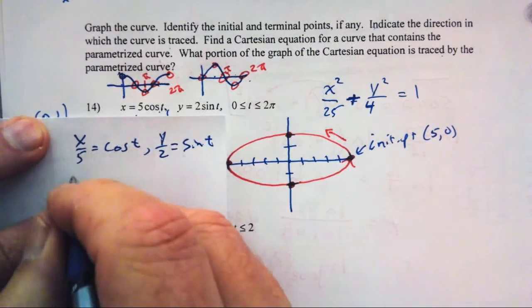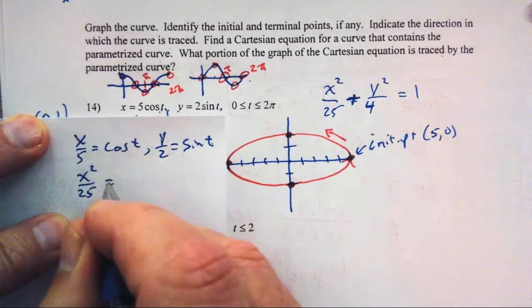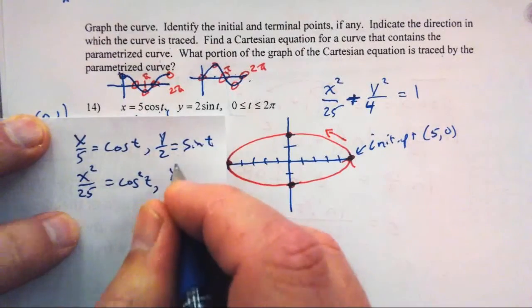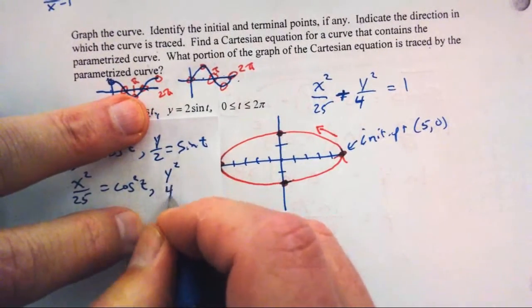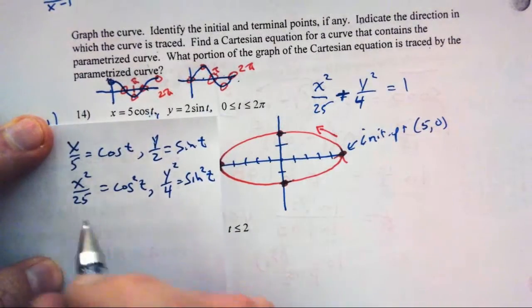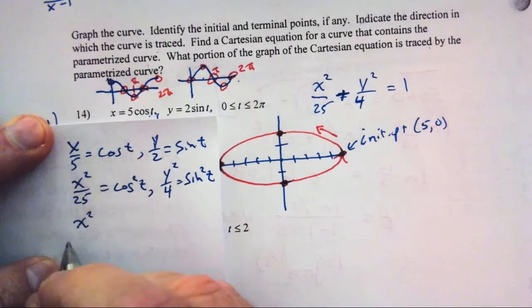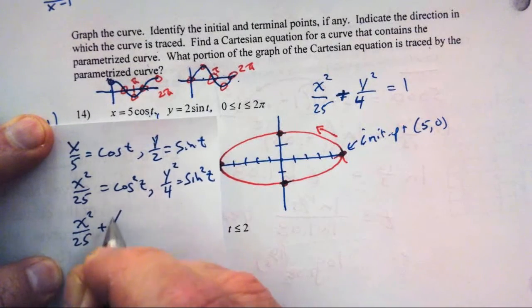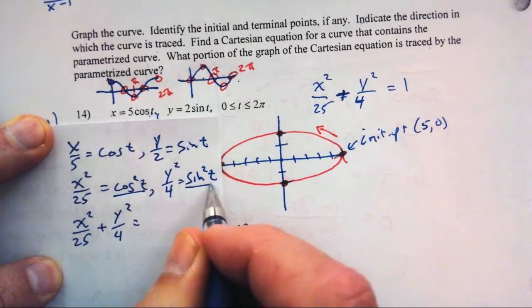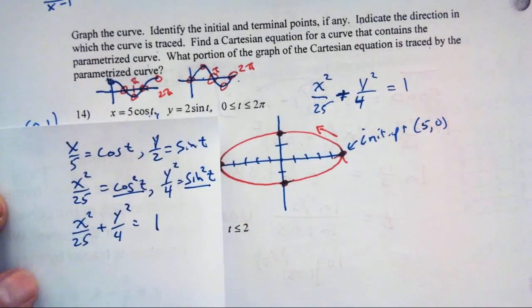If I square both equations, I get x squared on 25 equals cosine squared of t. That looks familiar. I get y squared on 4 equals sine squared of t. If I add these two equations together, x squared on 25 plus y squared on 4 equals cosine squared plus sine squared, but we all know that's 1. So I can get there that way.